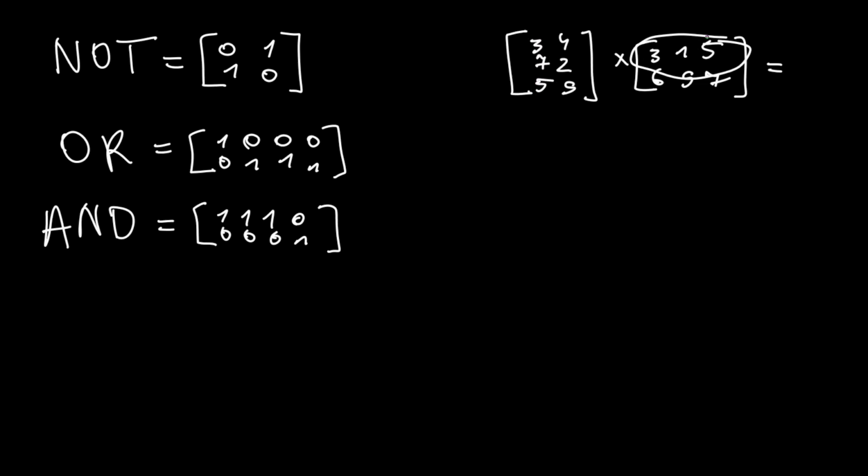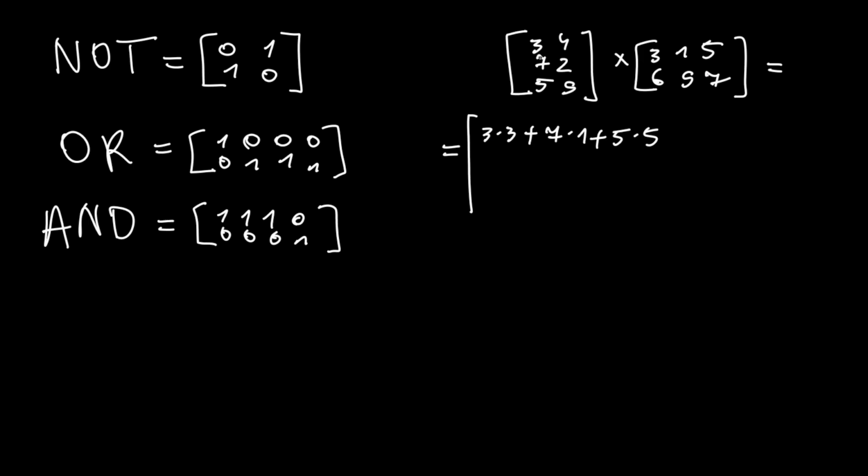So it's gonna look like this: 3 times 3 plus 7 times 1 plus 5 times 5. And then do the same with others.